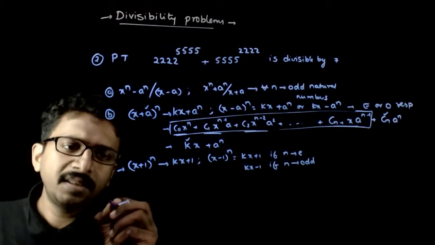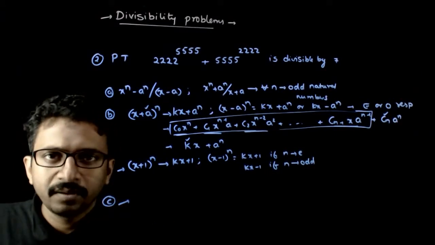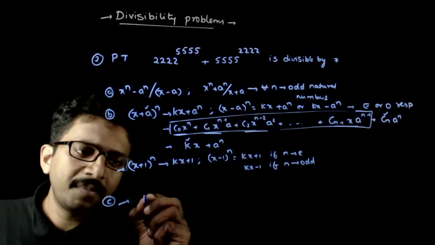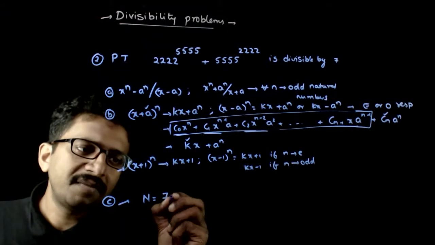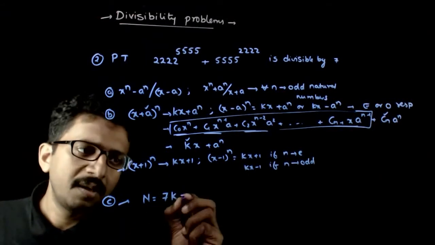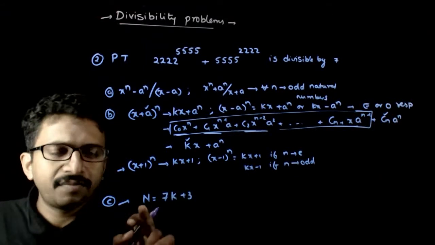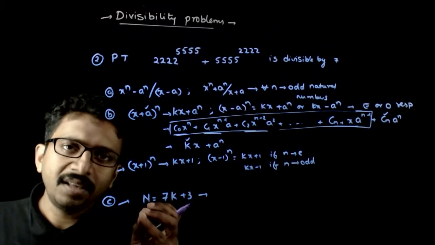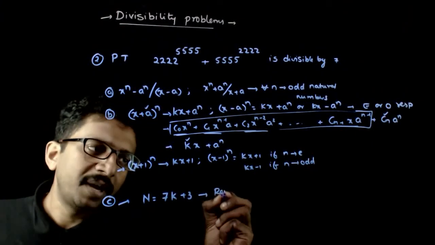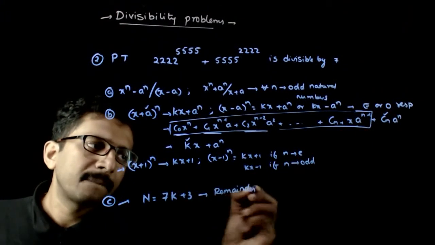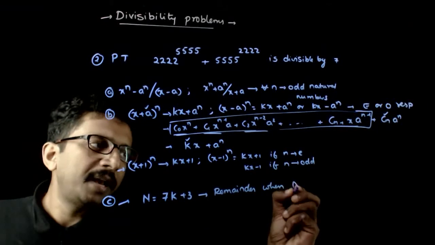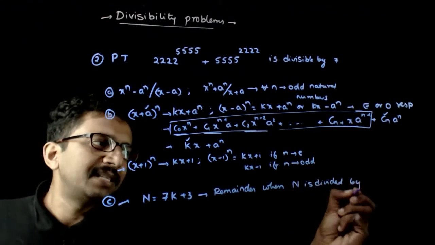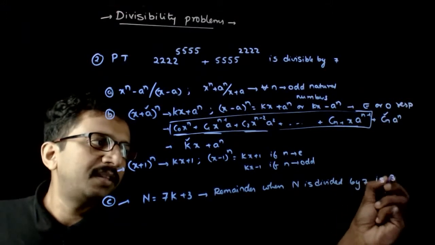Next, the other thing that you need to remember is, let us take an example. If a number n is of the form 7k plus 3, then what is the remainder when n is divided by 7? The remainder when n is divided by 7 is 3.